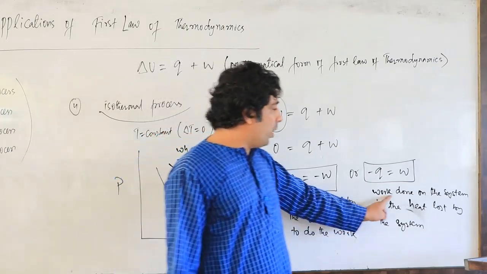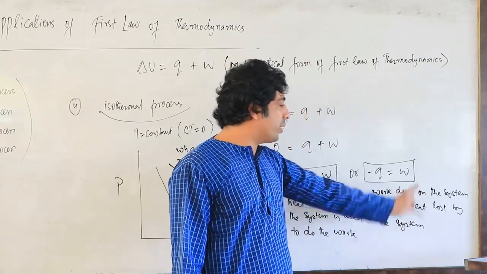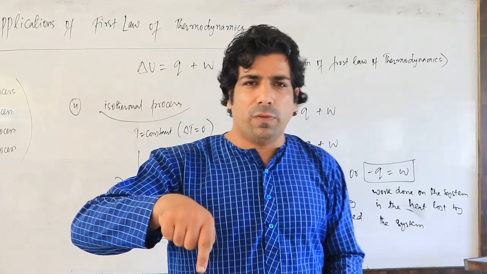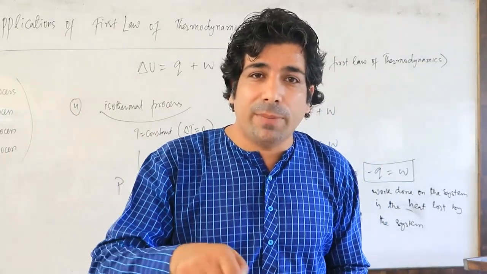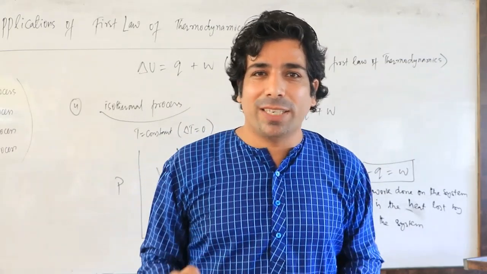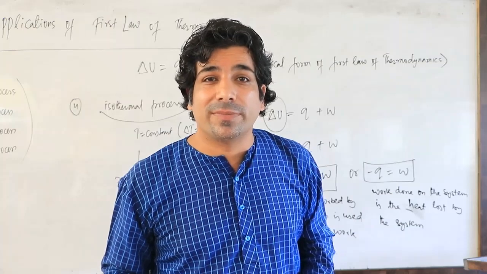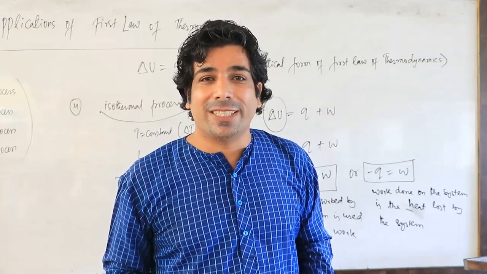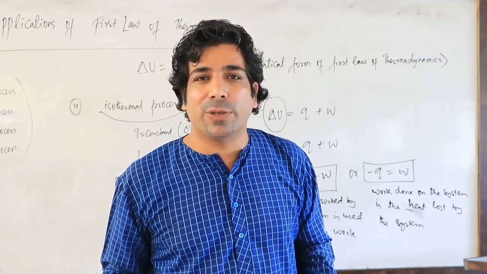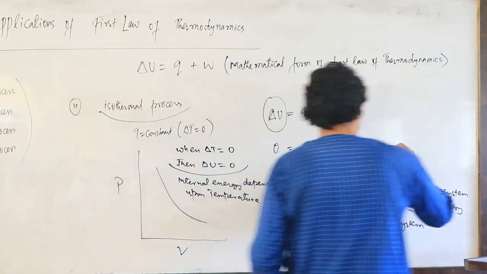Work done on the system is equal to the heat lost by the system. Let us suppose you are doing 1 kilojoule of work on the system. The same amount of heat is lost. That means the total change in internal energy and the total change in temperature will be how much? 0. So isothermal process.